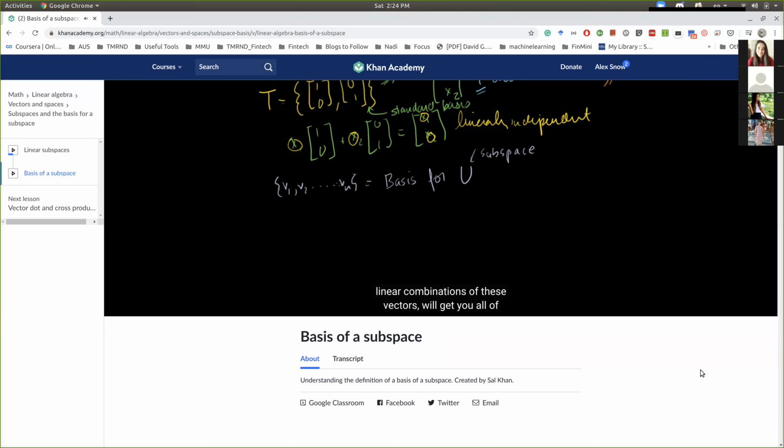Let's say my vector A is a member of our subspace U. That means that A can be represented by some linear combination of these guys, right? These guys span U. So we can represent our vector A as C1 times V1 plus C2 times V2, these are vectors, all the way to Cn times Vn, right?